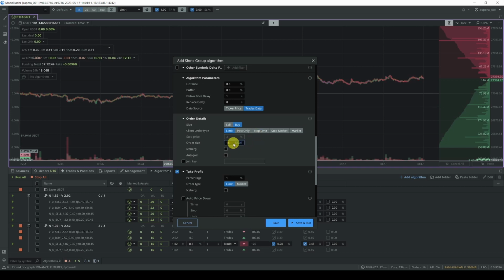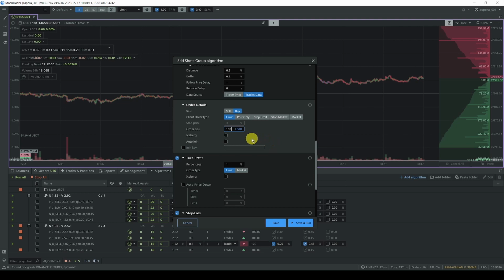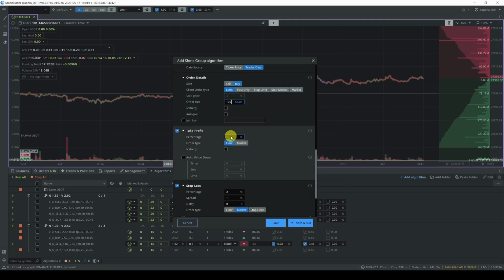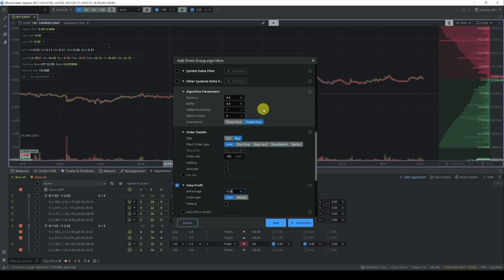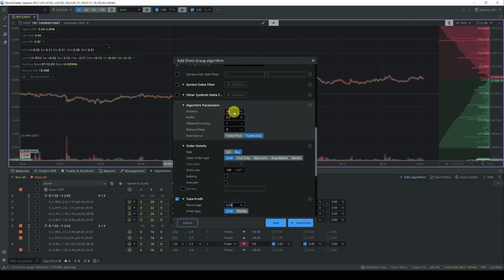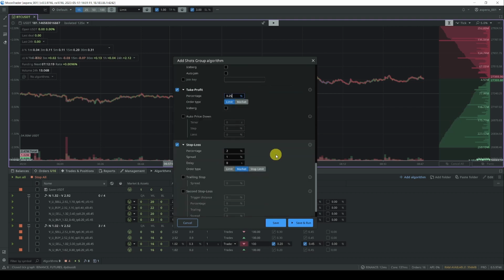and we'll place a limit order. Doesn't matter how much. Let's put $100 just as in my real algorithms so that we can gauge their efficiency. Next, take profit. Let's put quite a small take profit. Let's say 0.25%, because our shots are only 0.6%, which means they have to roll back at least that amount.